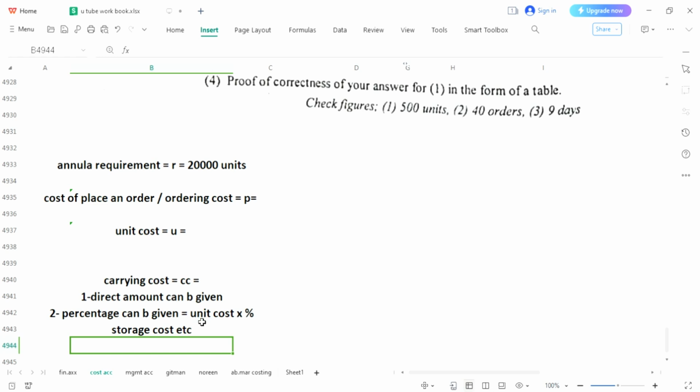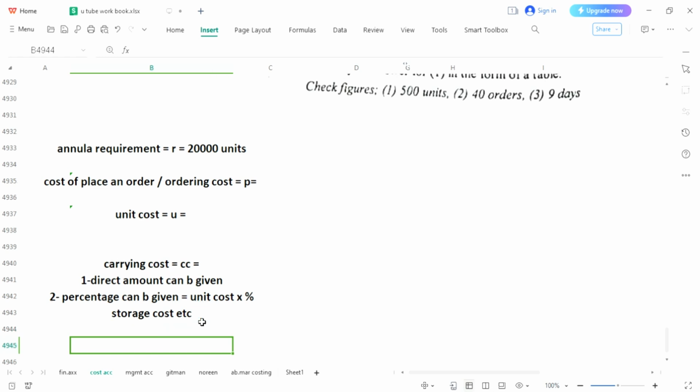That has been mentioned. So for carrying cost, as it has been given in terms of percentage, what we need is unit cost, multiplied by the given percentage. Per unit cost we will see from the question.